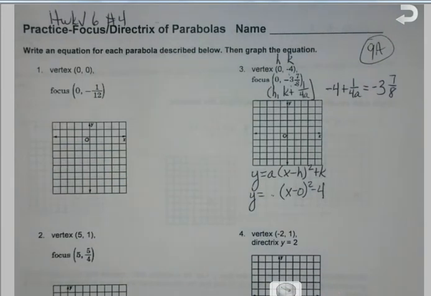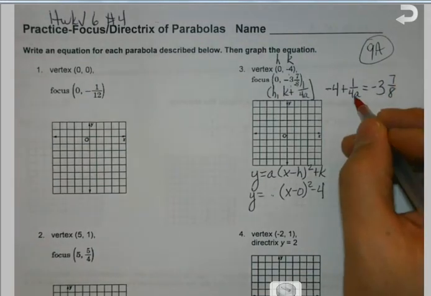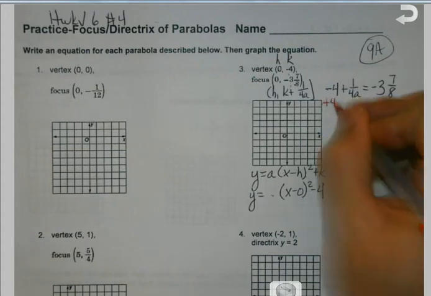Now, here's where I look at things a little bit differently than some of you may. Some of you may look at that and off the top of your head say, oh, this isn't a problem, and I would kind of hope this would be the case. You'd say, okay, if I'm trying to solve for a, I'm going to add the 4 to the other side.